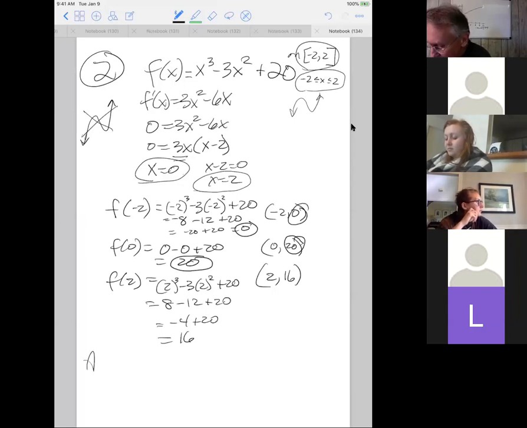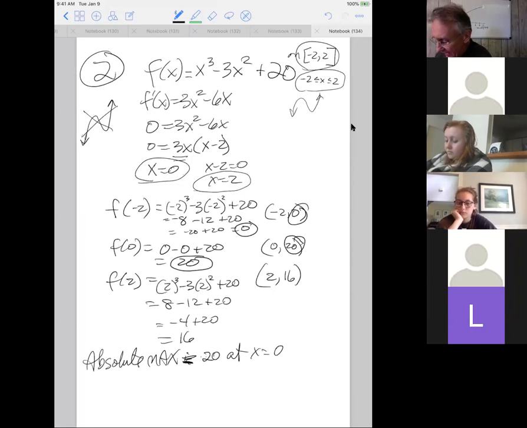So the absolute max equals 20, the biggest value it ever gets, at x equals 0. The absolute min equals 0, the smallest value, and that happened at x equals -2.